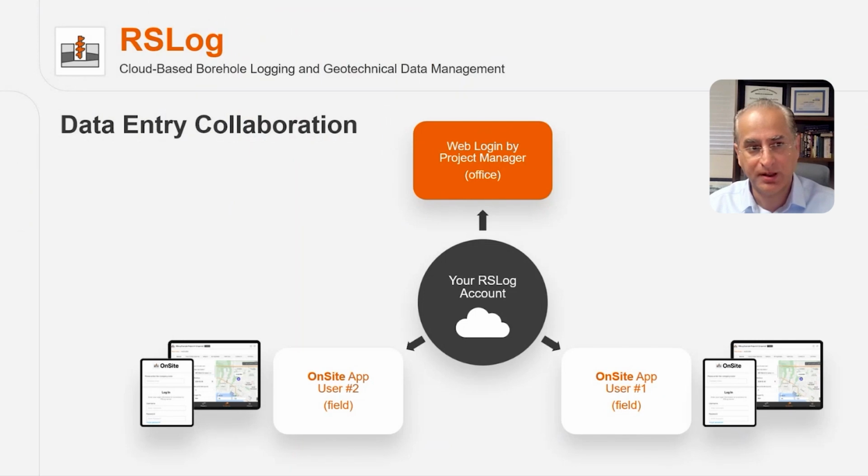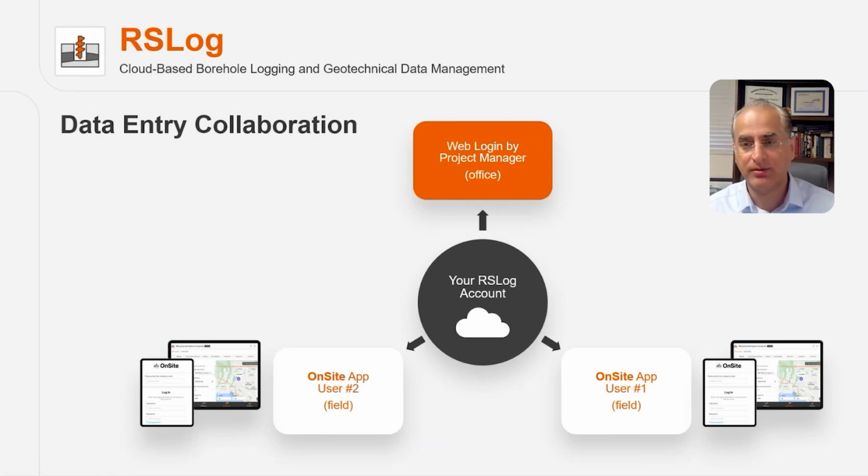Now with the OnSite, this diagram shows you how you can use it for data entry and collaboration. So each of the field engineers, let's say you have 2 field engineers working on this project. They could be working on the same project, or they could be working on different projects. But the way it works is that each of these field engineers are collecting data in OnSite.